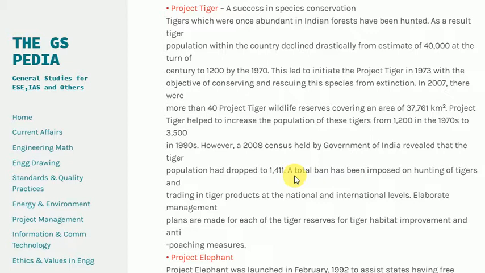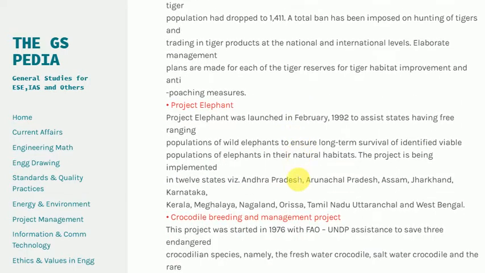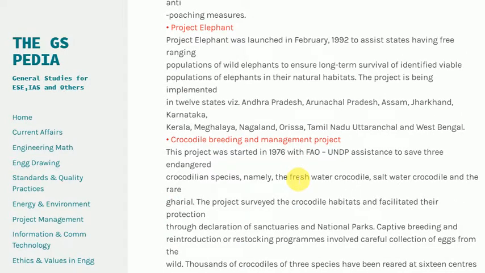Project Elephant. Project Elephant was launched in February 1992 to assist states having free-ranging populations of wild elephants, to ensure long-term survival of identified viable populations of elephants in their natural habitats.